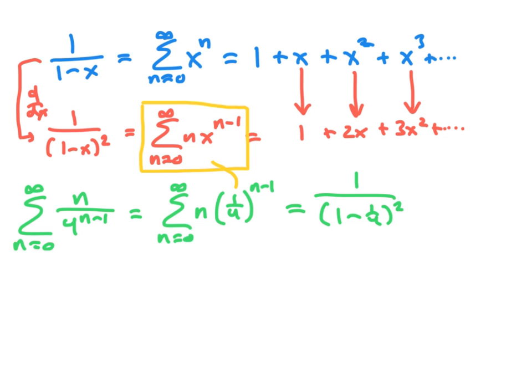Here we're just replacing the x with 1/4 in our series, and therefore the x with 1/4 in our function, to obtain 1 over 1 minus 1/4 quantity squared. Going through the arithmetic, we see that this will equal 16/9. And so our series from n equals 0 to infinity of n over 4 to the n minus 1 has a sum of 16/9.